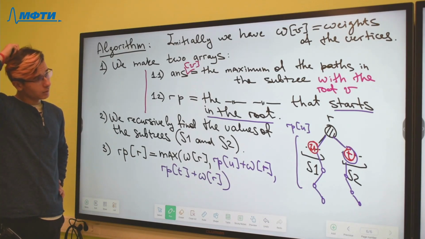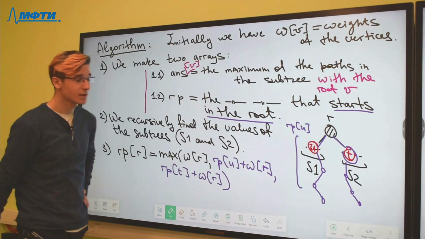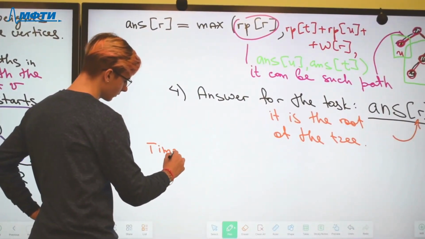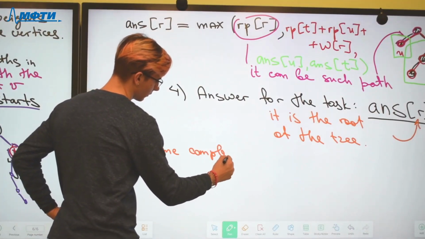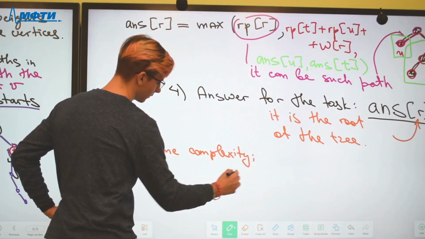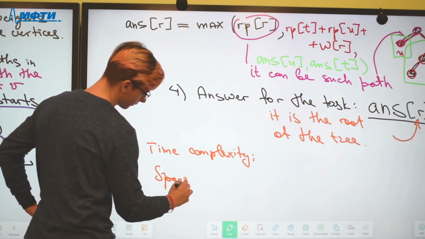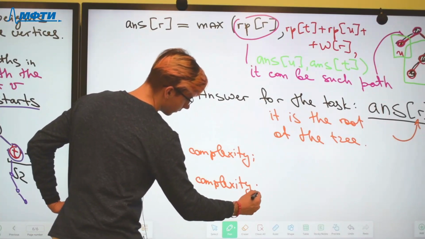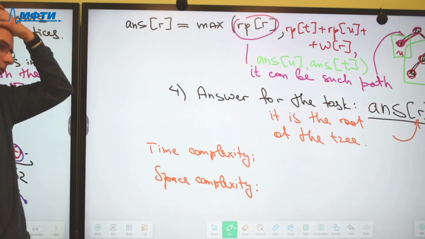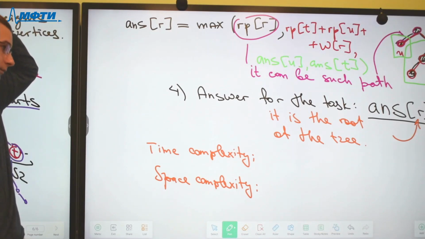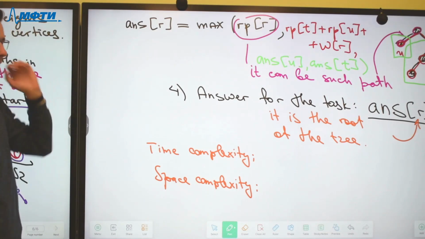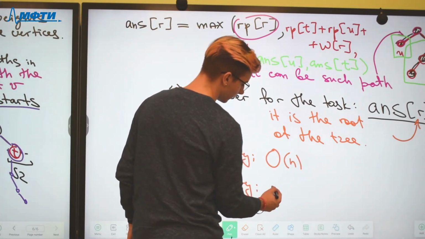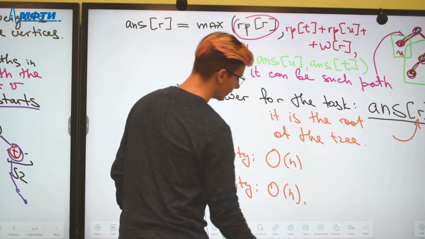So we say that the time complexity for it is equal to O(n) and not O(n^2).